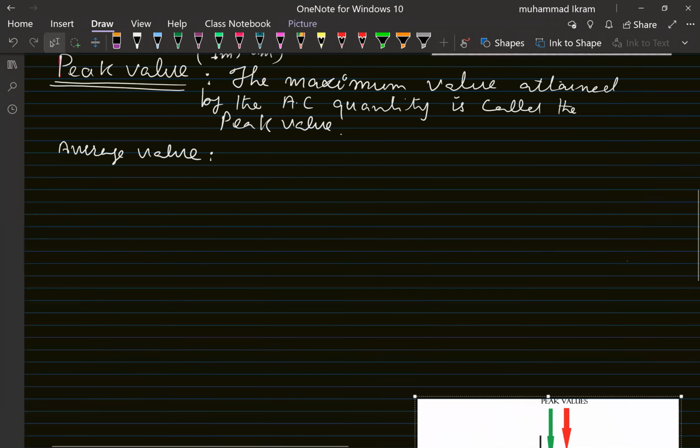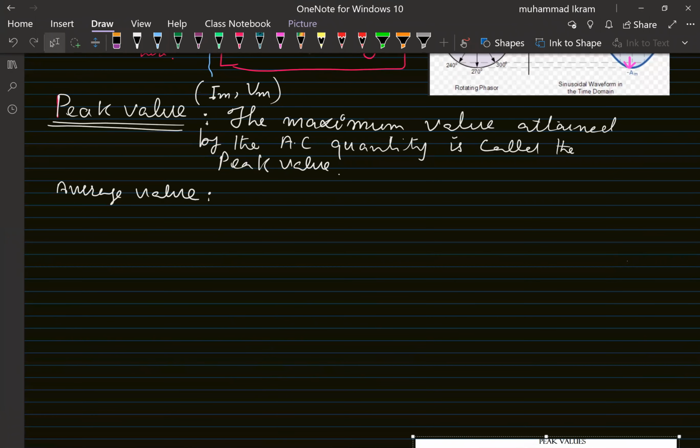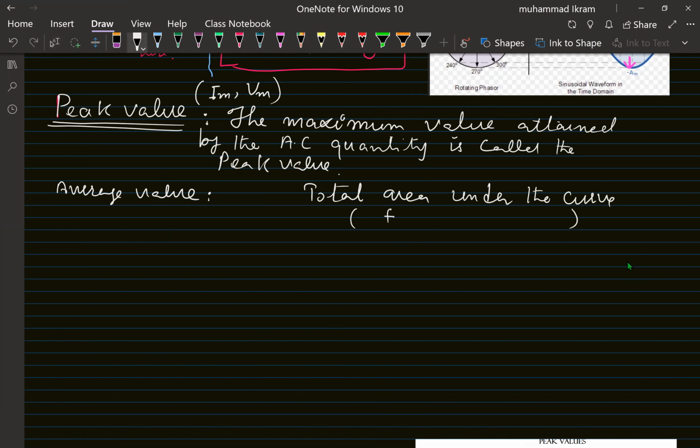Move the diagram. Okay, the average value is obtained for any AC quantity. The average value is obtained as the total area under the curve for one cycle of AC, divided by the time period, the time taken for this.